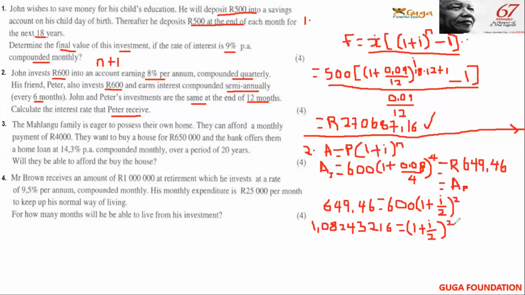So here we can square root both sides, which will boil down to 1.04.